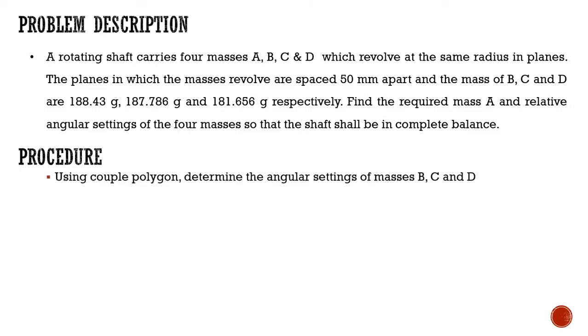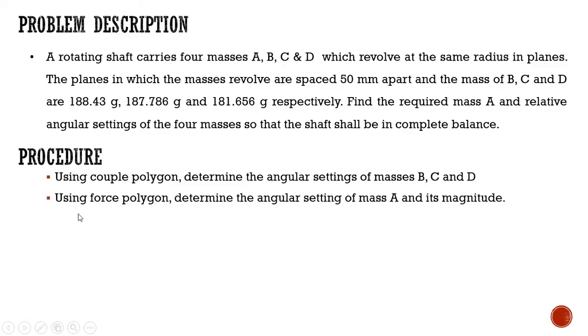Now let us see the step-by-step procedure required to complete the experiment. The first step is to use a couple polygon for determining angular settings of masses B, C and D. In the second stage, we are going to use a force polygon to determine the angular setting of mass A and its magnitude.